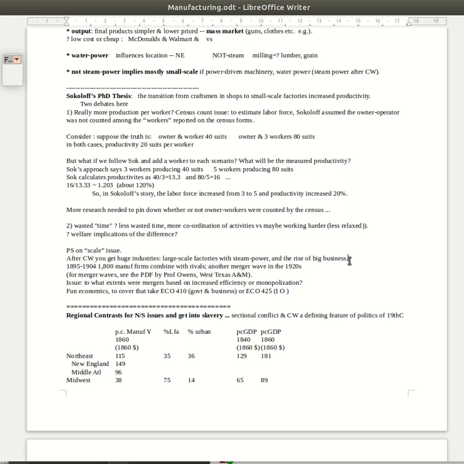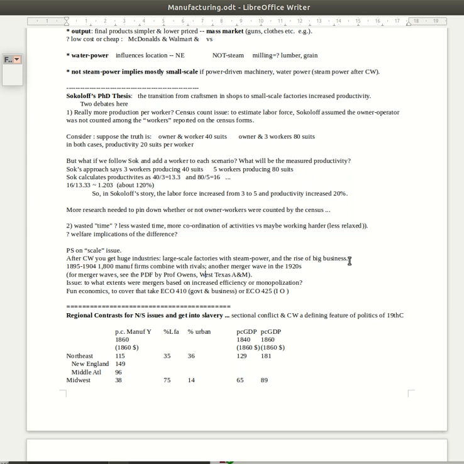Might have been a fun topic to pursue if we'd had continued meetings and been able to pursue the regular course of activities. As it is, I'll just point out that there were a series of different merger waves, I think about 5 of them total over the past century and a half. The first most famous one, from 1895 to 1904, saw 1,800 manufacturing firms combine with their rivals.